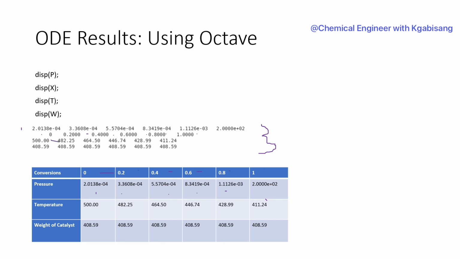Also, different temperature changes within our reactor at different conversions, expressed here. Lastly, the catalytic weight, which remained constant inside of our reactor at 48.59.